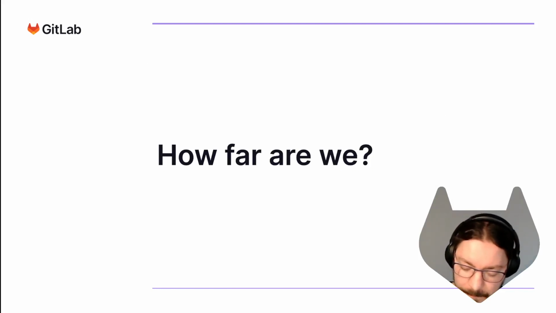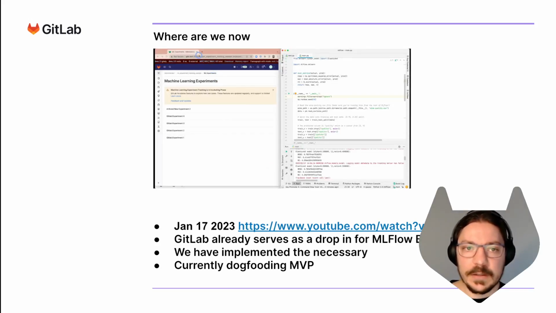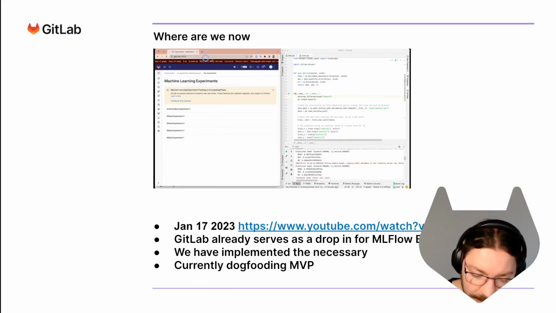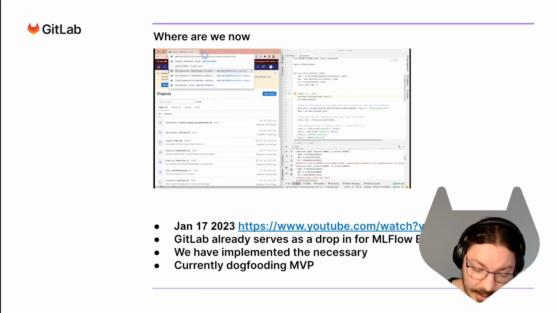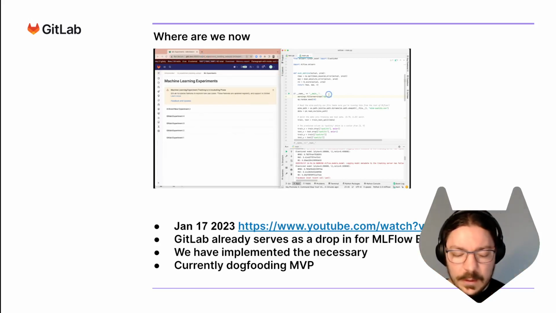And how far are we? I have this demo that I'm linking here, but I'm not going to go over it. The point is, GitLab already serves. We already re-implemented the MLflow API on the GitLab code base, so you can already point your MLflow code to GitLab.